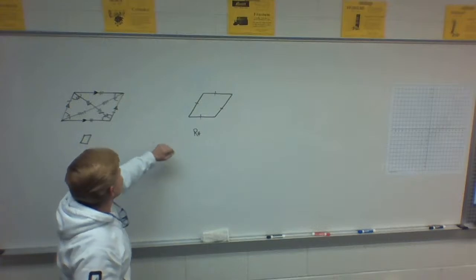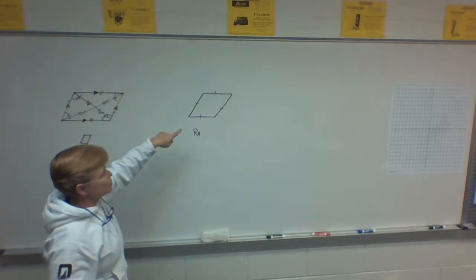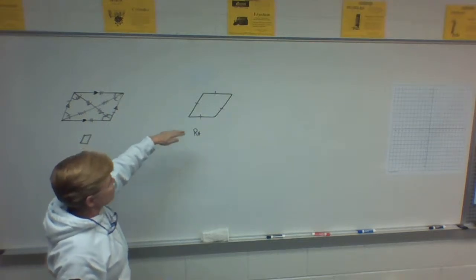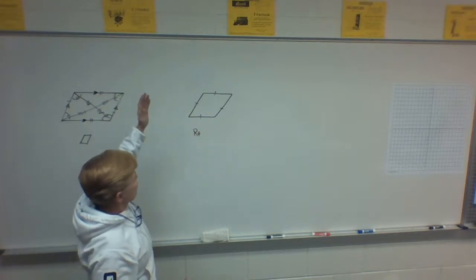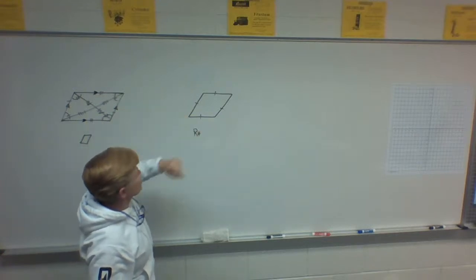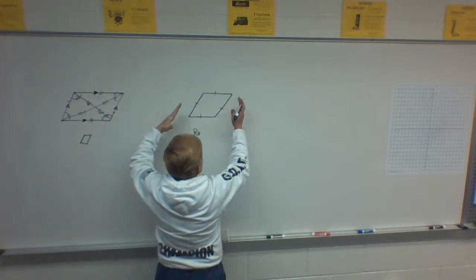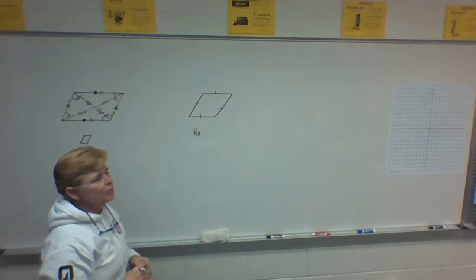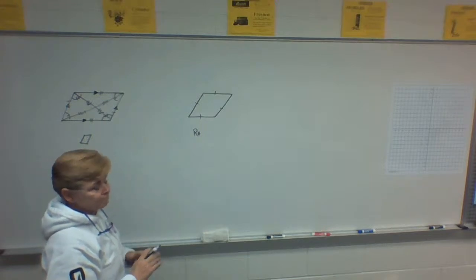A rhombus has all of these attributes, because a rhombus is first and foremost a parallelogram. So it has equal opposite sides, parallel opposite sides, bisected diagonals, opposite angles are equal to each other. It's got all of those properties in addition to squeezing it down so that all the sides are equal to each other. And when you do that, you'd be amazed at the things that are also true about this, which we'll come back to in a minute.